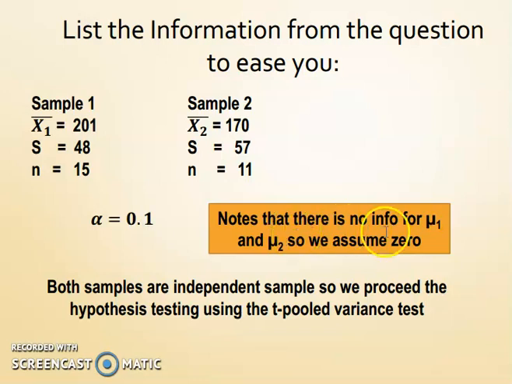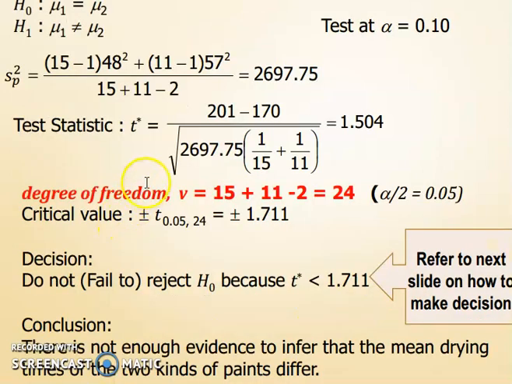And there is no information about mu1 and mu2, so we are assuming it's going to be 0. And since both samples are independent because they are from two different manufacturers, we will proceed with the t pooled variance test.